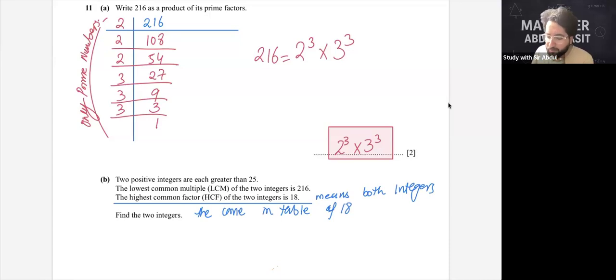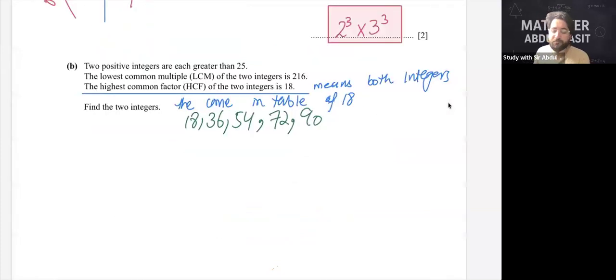So let me write multiples of 18. 18 ones are 18. 18 twos are 36. 18 threes are, so 36 plus 18 is how much? 54. And 54 plus 18 is how much? It is 72. And 72 plus 18 is how much? 90. चलो बस काफी बहुत सारे हो गए हैं. ठीक है. Now remember one thing.